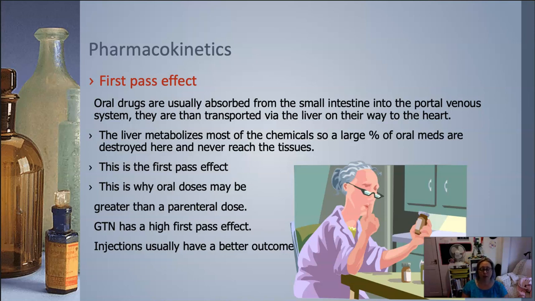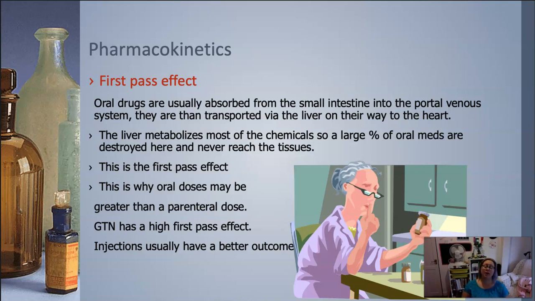But because of the way our bodies are created, our circulatory system, which runs parallel to our digestive system, runs straight into the portal venous system. This means that anything absorbed through the small intestine is transported directly to the liver before it goes back into general circulation to go to the heart to be circulated around the body.